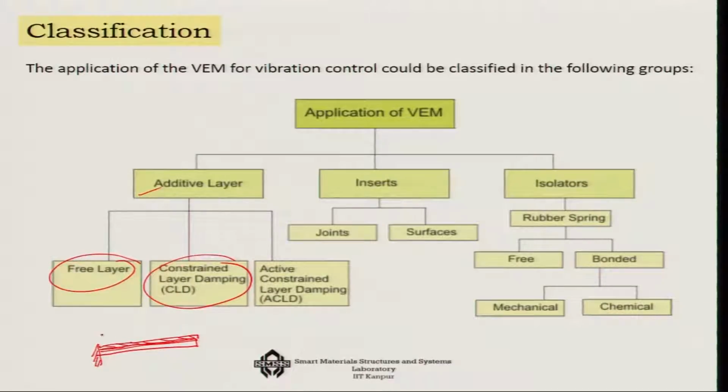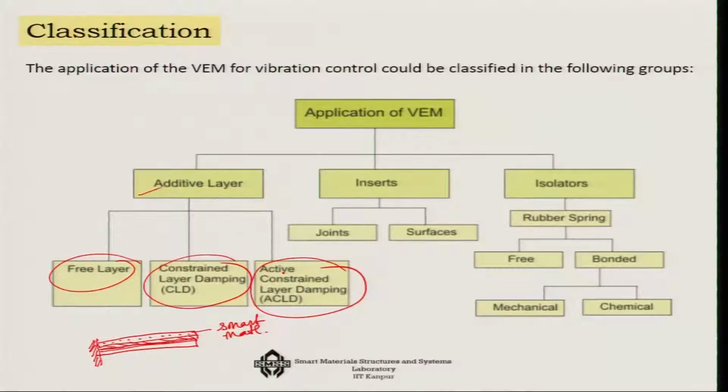It may also happen that on top of this I apply another layer which is a smart material layer. In that case, we get something known as active constrained layer damping, or ACLD.